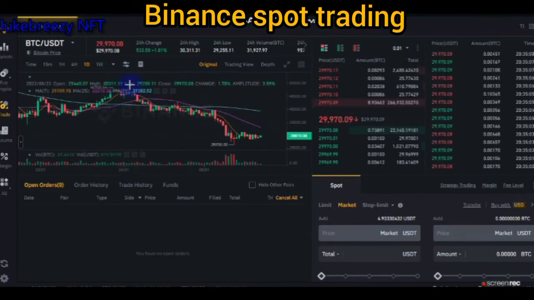Now that aside, this place is called the charts. The green bar you see here is called the bullish candle, and the red one you see here is the bearish candle.